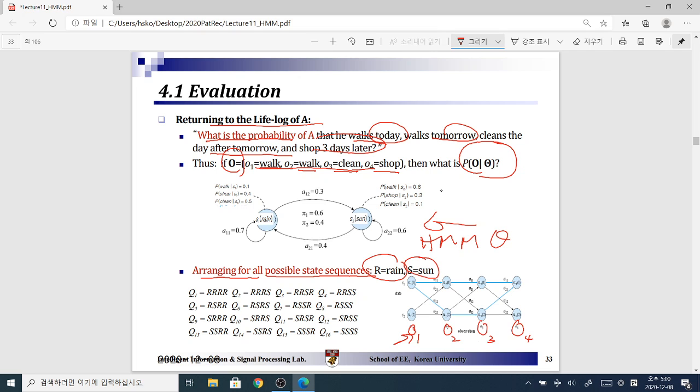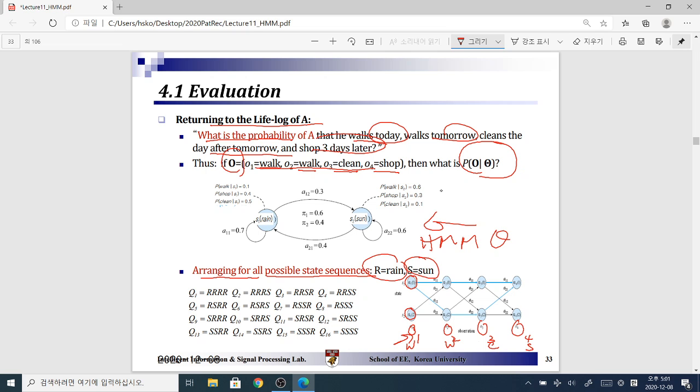The first observation is walk, the second is walk, the third is clean, and the fourth is shop. And for these observations, this person could be either under rain or under sunny.